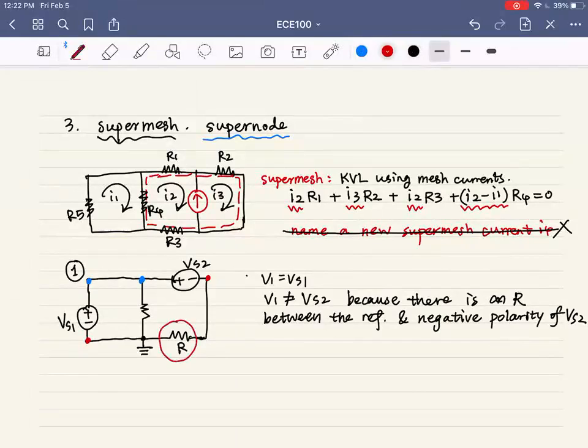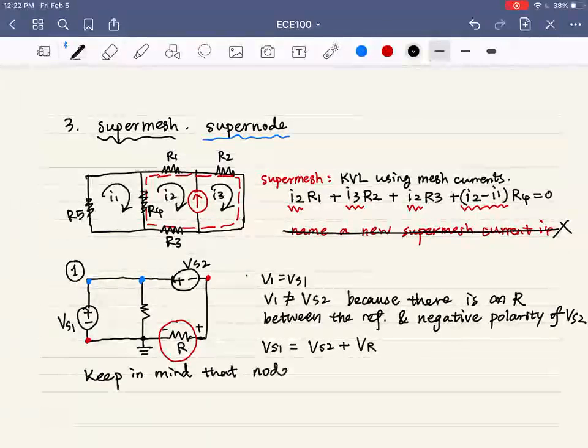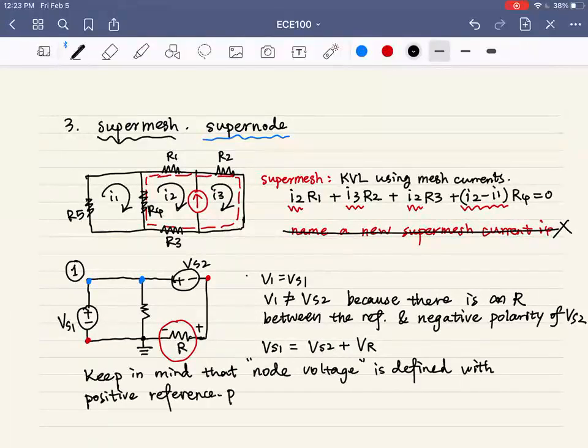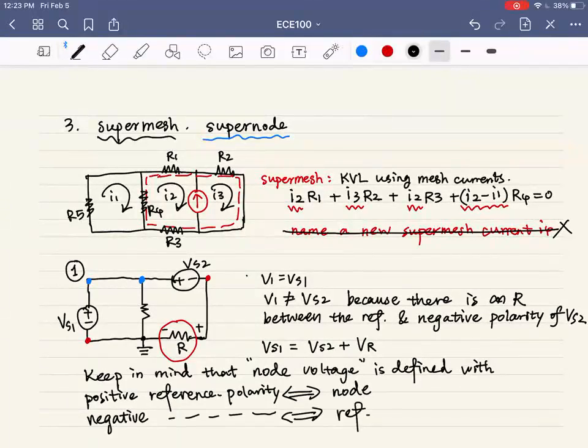There is some voltage across a resistance. So the correct relationship between them should be Vs1 equals Vs2 plus Vr, right? So keep in mind that node voltage is defined with positive reference polarity as the node and the negative reference polarity as the reference node. Okay?